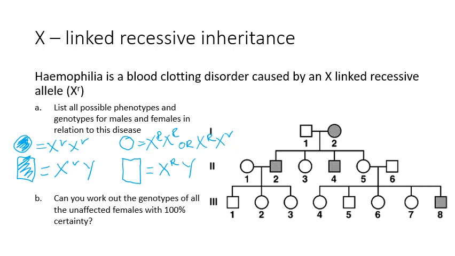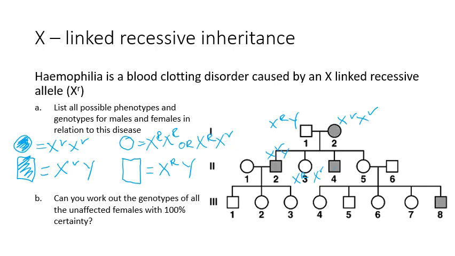So let's just use that information to fill out some of these genotypes on the screen here. So the female in the first generation will be X lowercase r, and the male will be X capital R, Y. If we look down to the second generation, we've got a son who is affected, so X lowercase r, Y. A female that's unaffected, so they would have inherited the X capital R from their father, but an X lowercase r from the mother.